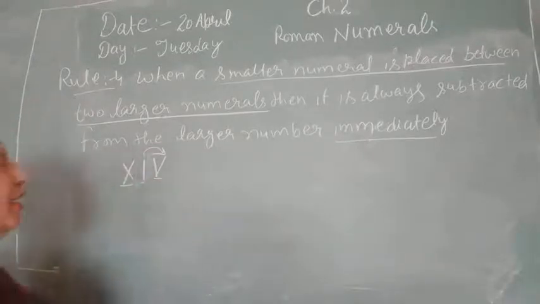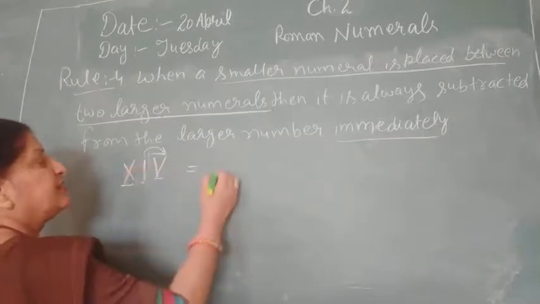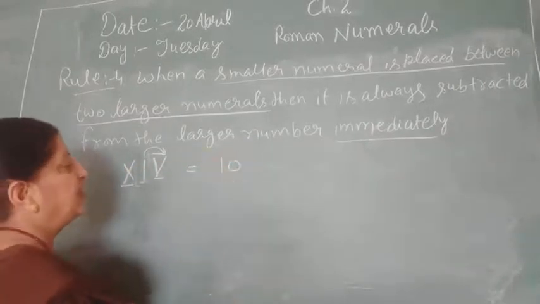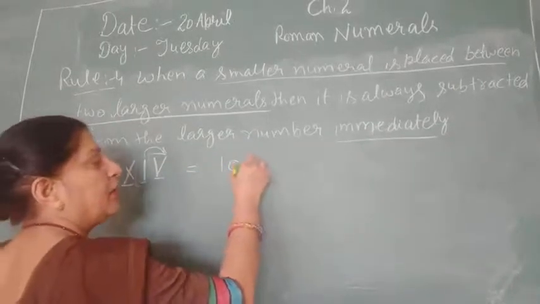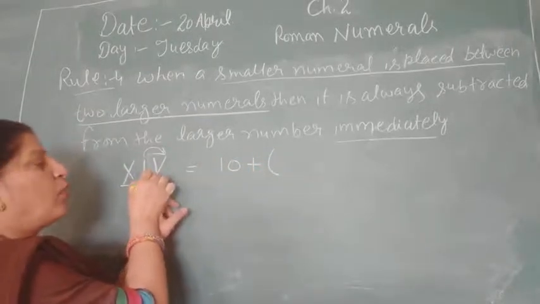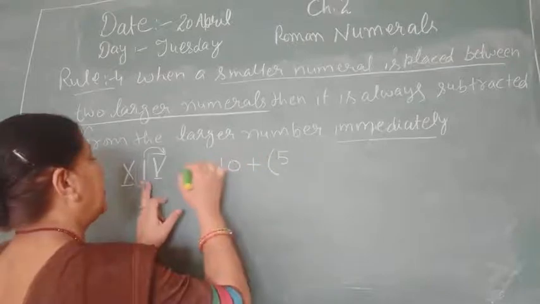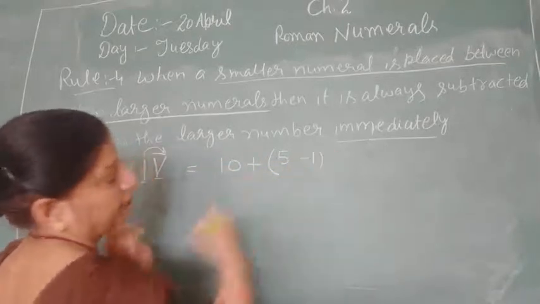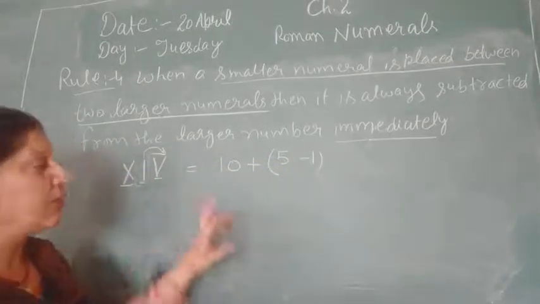Clear this one? Now we write this X represents 10 and प्लस क्या करेंगे? We add the V for 5 and I for 1. Clear this one?